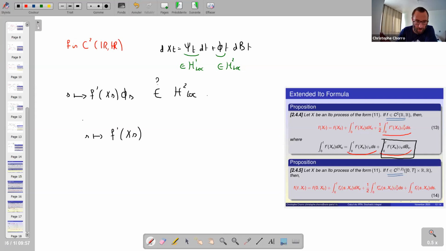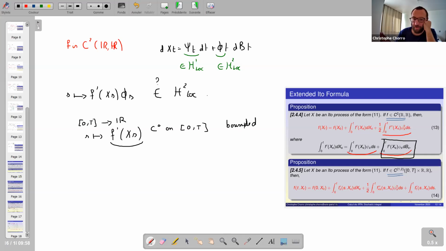Here I have a mapping that is a trajectory, let's say, of my process. That is something that is continuous on 0 capital T, so I have something that is bounded. But be careful, because here you have a random variable that depends on omega.